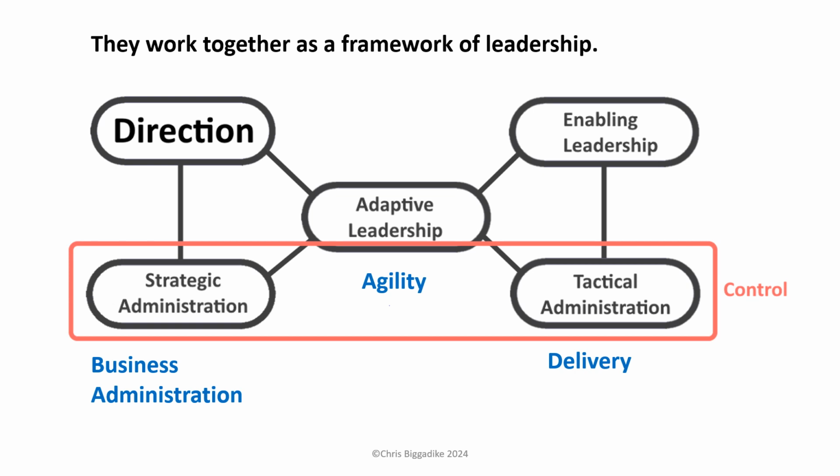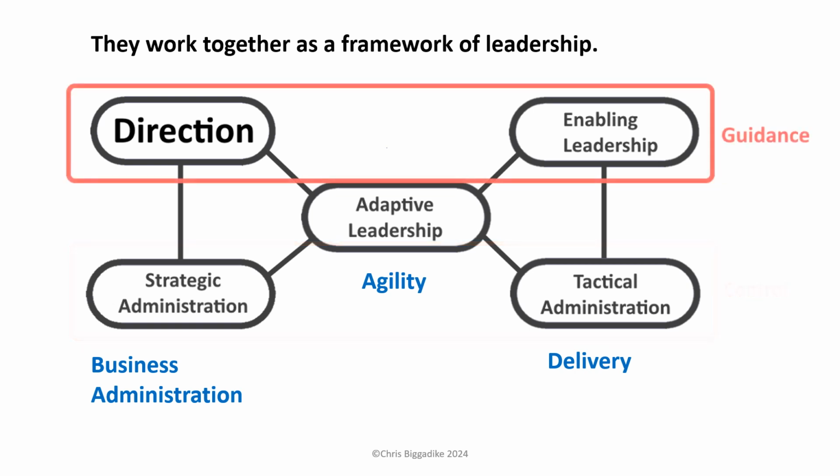Both strategic administration and tactical administration give the governance and control needed to allow innovative and entrepreneurial activities to be executed efficiently and without compromising other areas of the organisation. Direction and enabling leadership give the global and local guidance needed to find the optimum path to each goal.